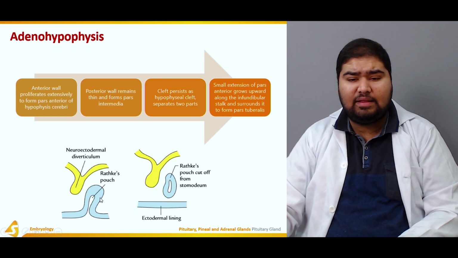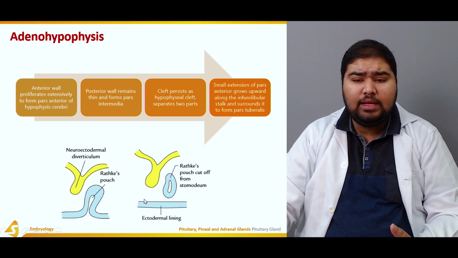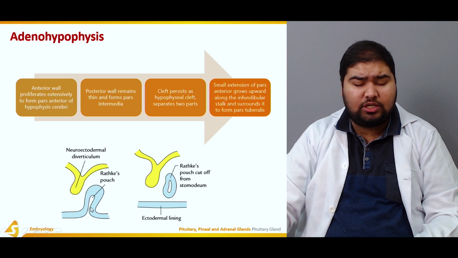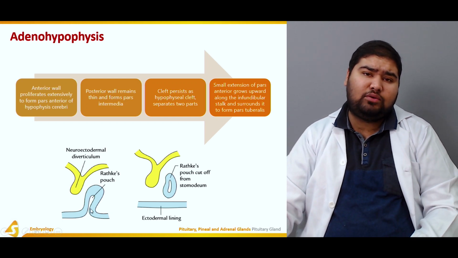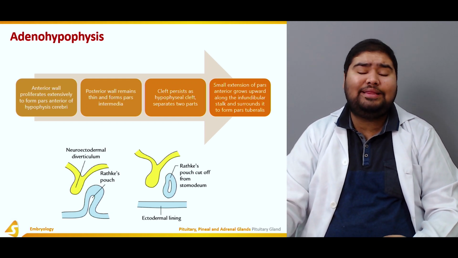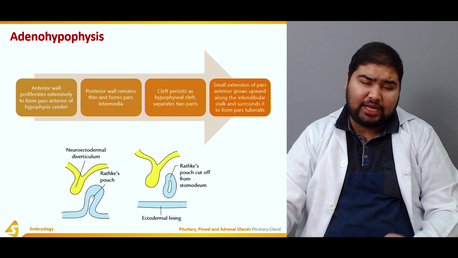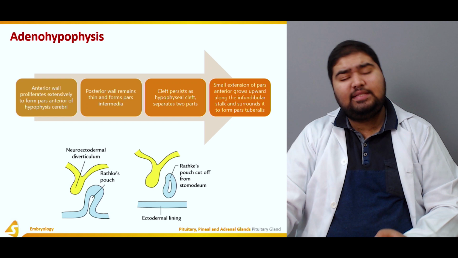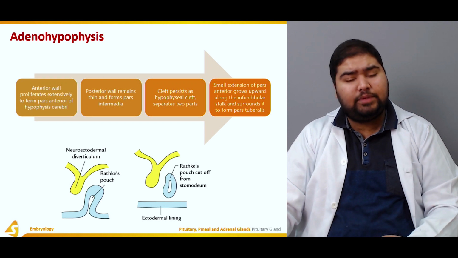Here you can see in the figure. So recapping it, first of all, there's outpouching from the developing ectoderm. This outpouching is known as Rathke's pouch. The Rathke's pouch develops in third week of intrauterine life. It is the source of origin of the adenohypophysis, that is the anterior pituitary.